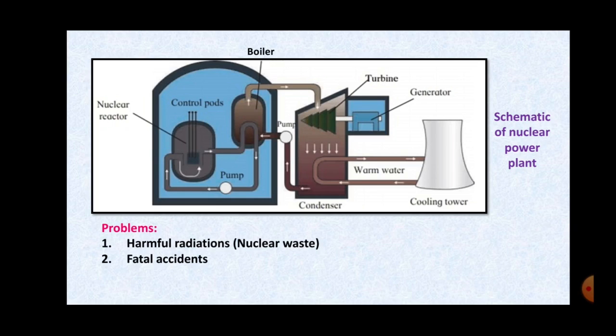They bring about changes in the genetic material. So this is the other side of the nuclear power plant. Otherwise, it has a very good benefit: once the chain reaction starts, it goes on continuously and produces a larger amount of electricity.